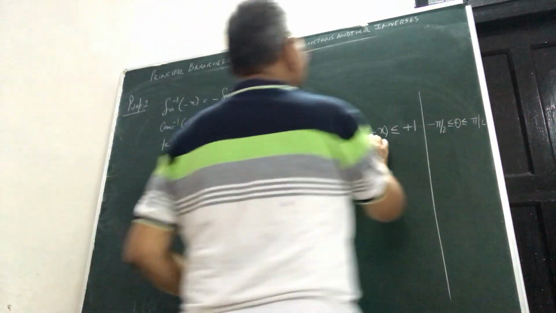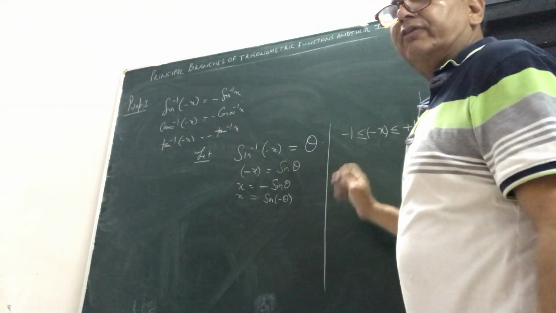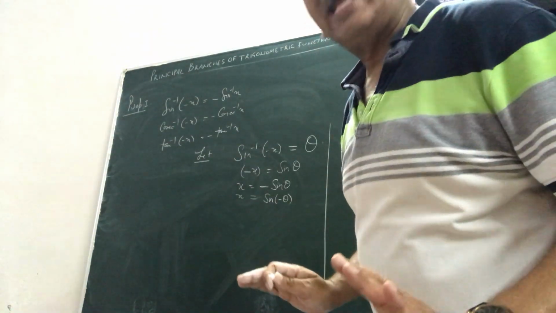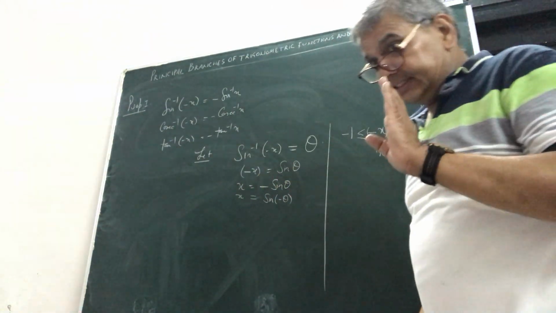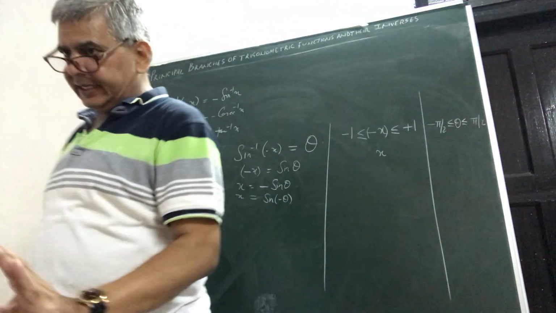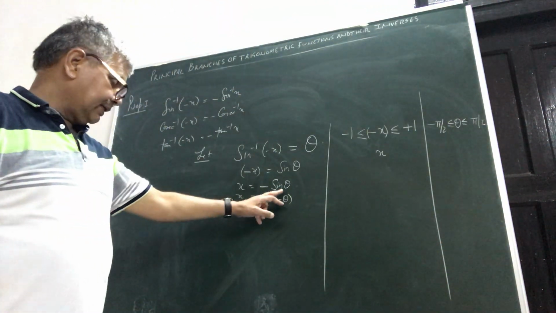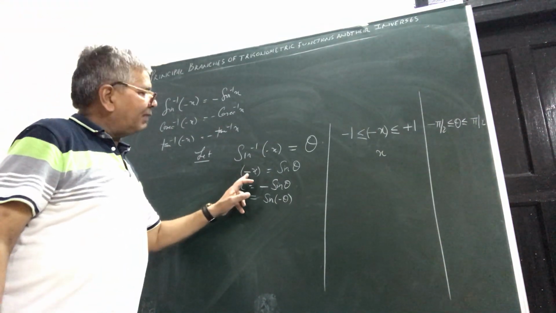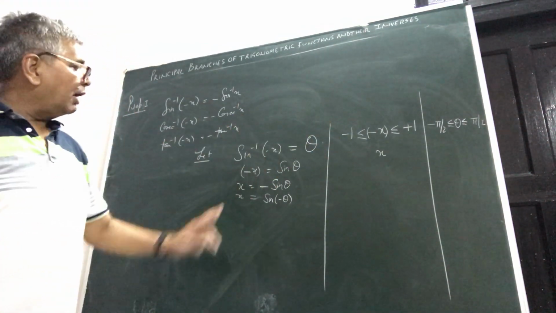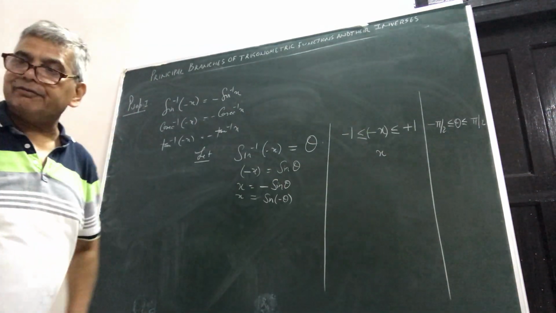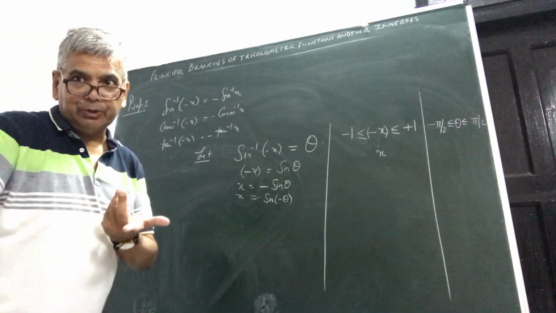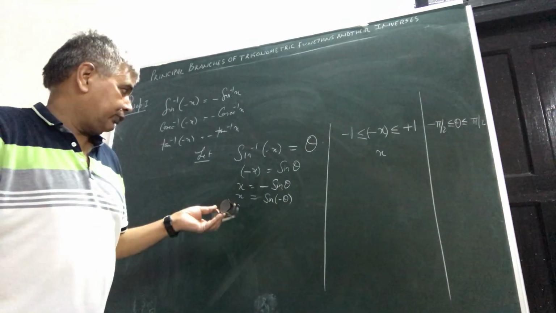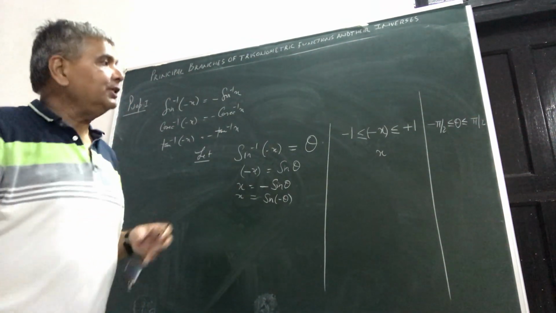Whenever you are taking the inverse, minus x you have already checked. Now whether x is also falling within your branch or not, that you also need to ensure. If it is not falling within your principal domain, then of course you have to change it. This is the best way of understanding the inverse function.